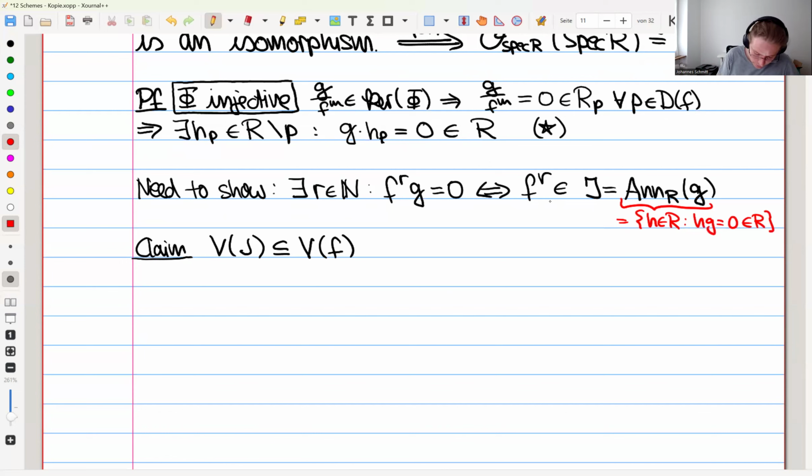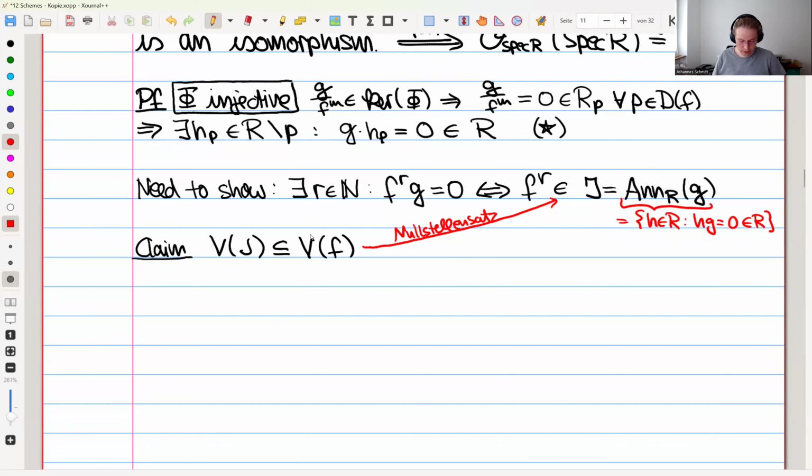And in fact, if you think about it for a second, this claim here immediately implies by the Nullstellensatz the claim that we want and finishes the injectivity. Because if you have this and then you apply the vanishing ideal on both sides, then you get the vanishing ideal here.